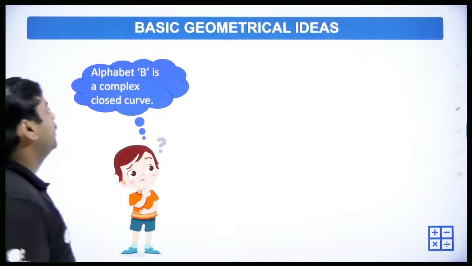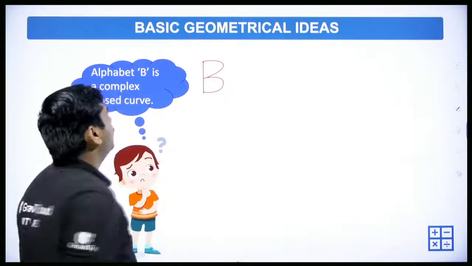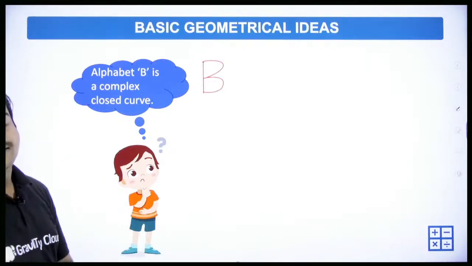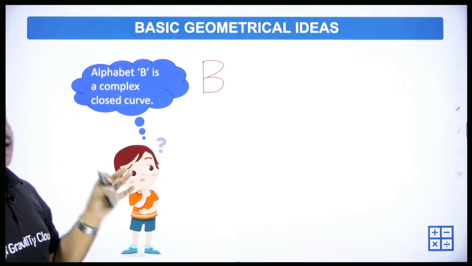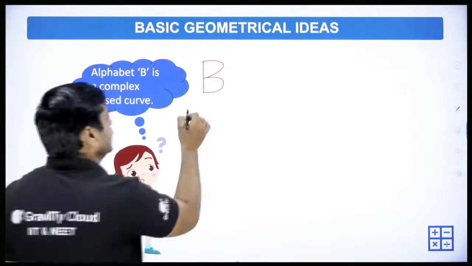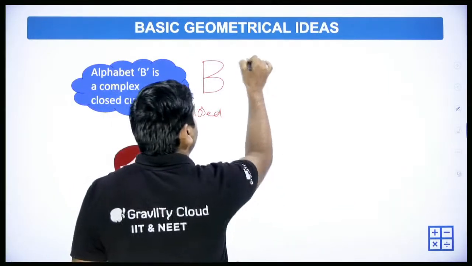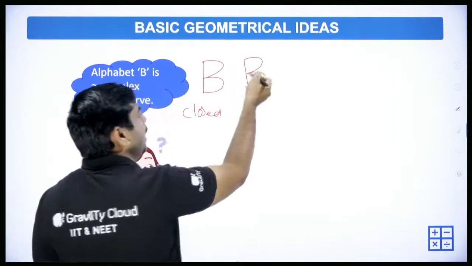Alphabet B is a complex closed curve. Is that correct? Yes, right? It is a complex curve, correct? Is it closed? Yes, it is closed. You can see the initial and the ending point. I'm starting with this point and ending at that point.